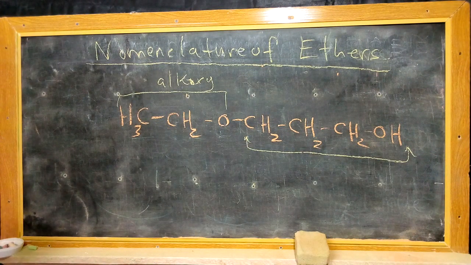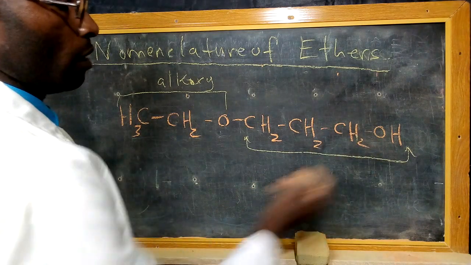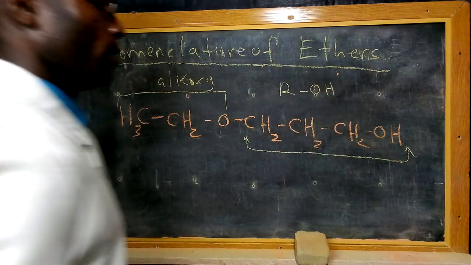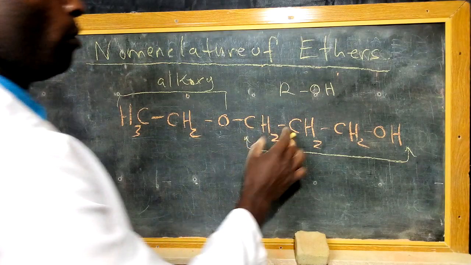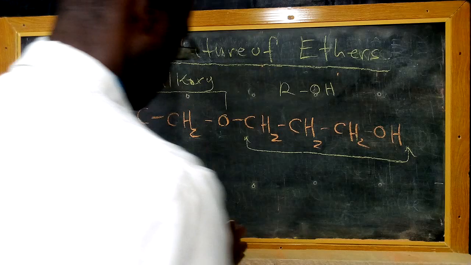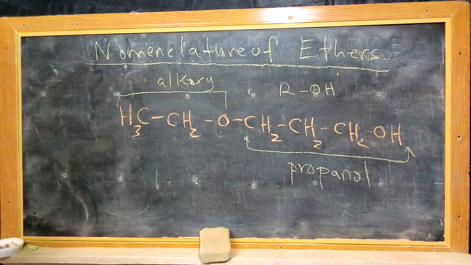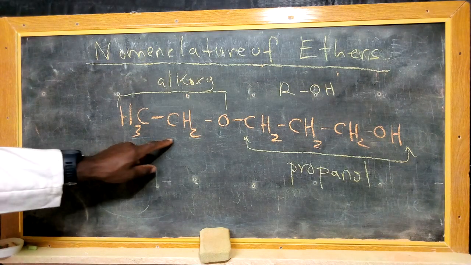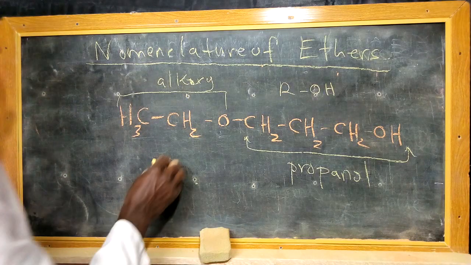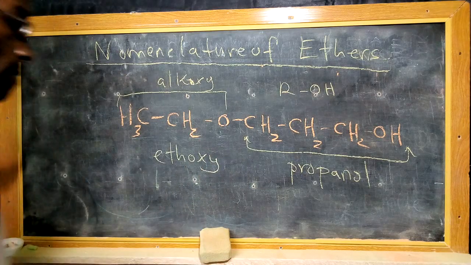So if we try to look at this, this is another functional group that we talked about, which is an OH attached to R, which is an alcohol. Since it is a 3-carbon group, we shall have the name propanol for this part of the organic compound, and this is a 2-carbon group, the alkoxide, so we have the substituent as ethoxide.